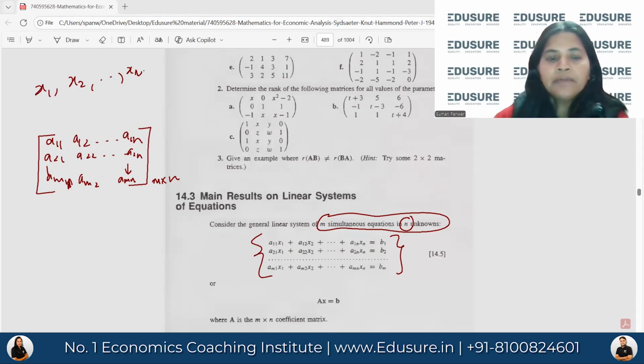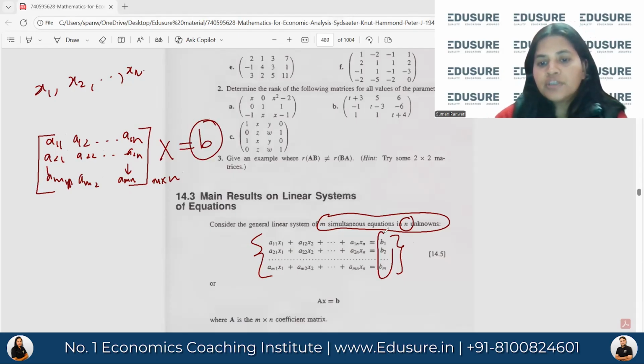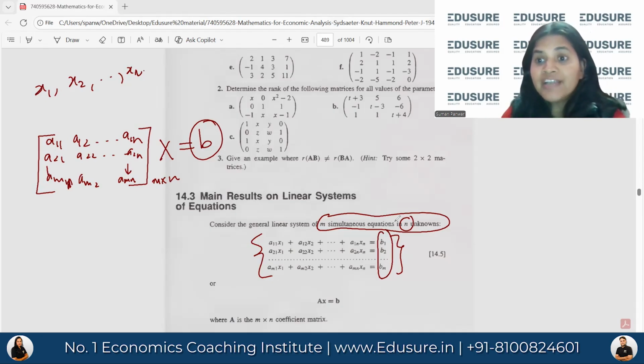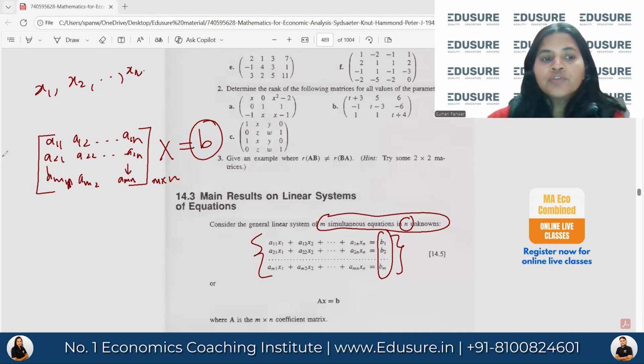So this is our A, and then we have X, and this is my column matrix B, which is the solution. I want the left hand side to be equal to the right hand side, and the values of x1, x2, xn should be the same for all these equations. So this is the system of equations that I'm dealing with.